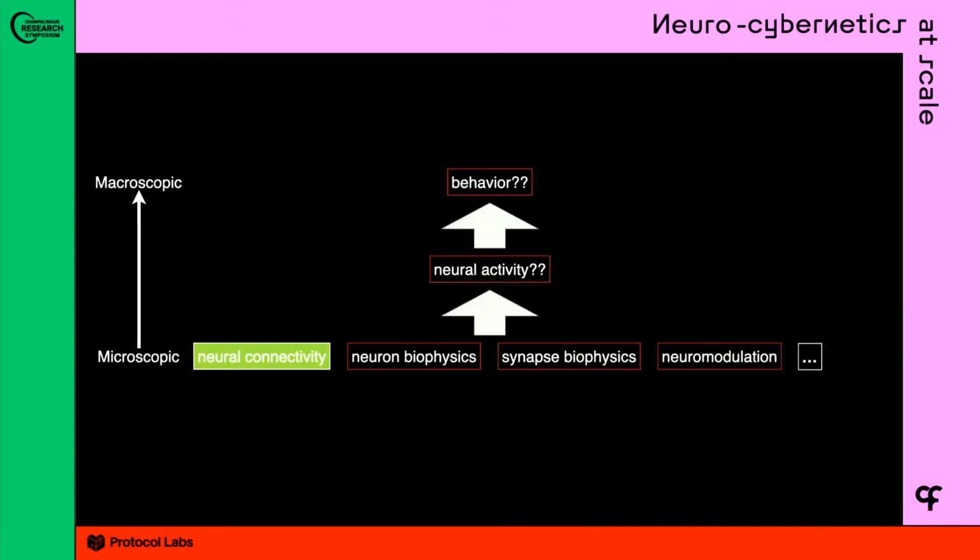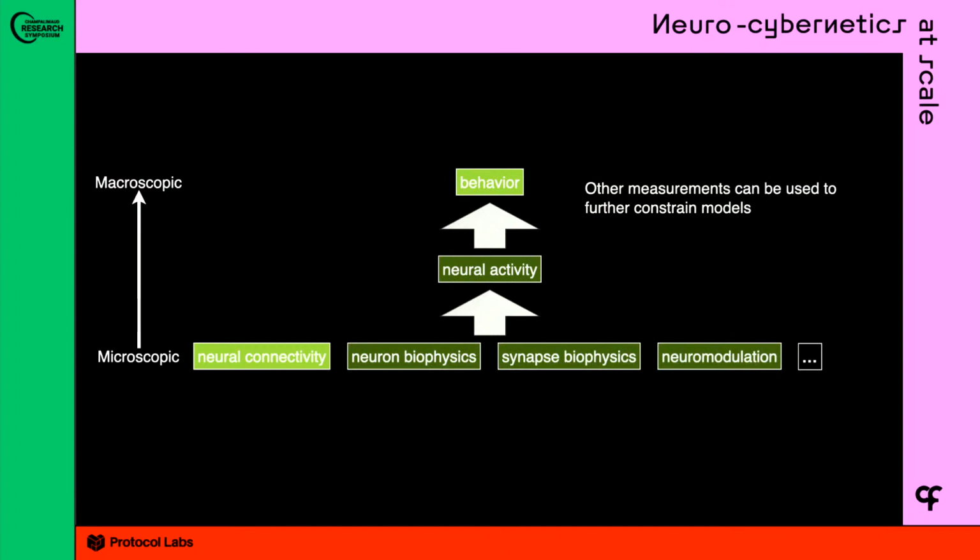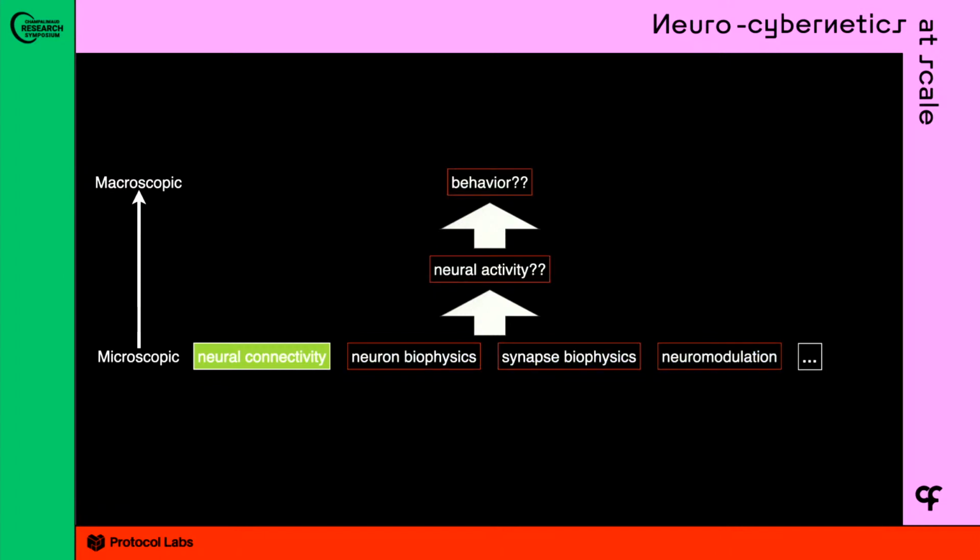One of the arguments, which is correct, is that if you can measure only the connectivity, but you don't have all of this, then really is that enough, because you only have an incomplete view of the microscopic scale. So the talk I'll tell you about is trying to figure out how to get past this limitation of not having direct measurements at the microscopic scale.